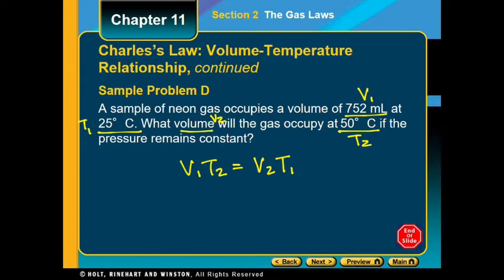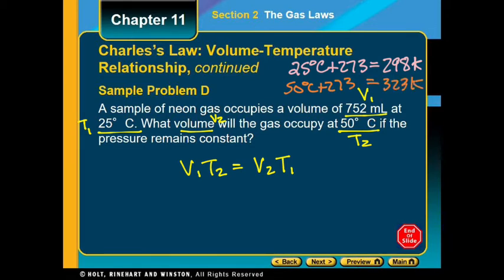So if I go up here and I do 25 degrees Celsius, add 273 to that to get to your Kelvin, that is going to be 298 Kelvin. And the other one is 50 degrees Celsius, add 273 to get to Kelvin, that is 323 Kelvin. So we'll have to plug in those numbers for T1 and T2.